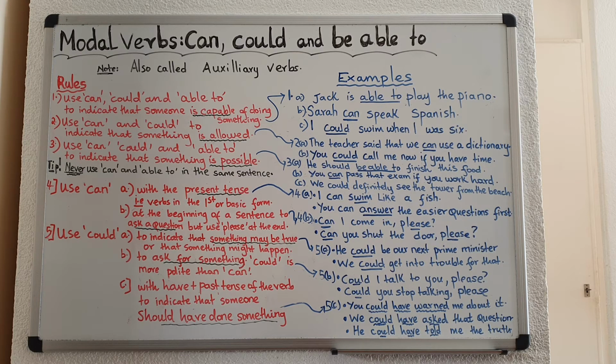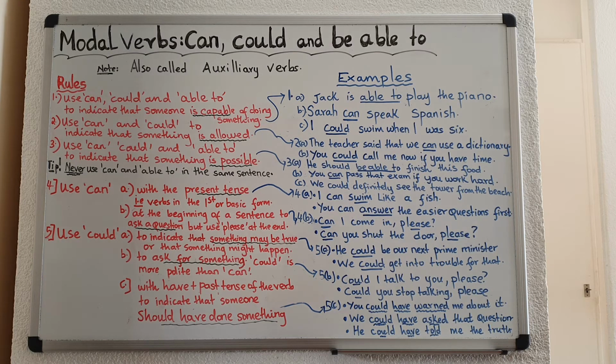Rule number 4b. Use can at the beginning of a sentence to ask a question, but use please at the end. So when you want to ask a question, you can begin your sentence with the word can.